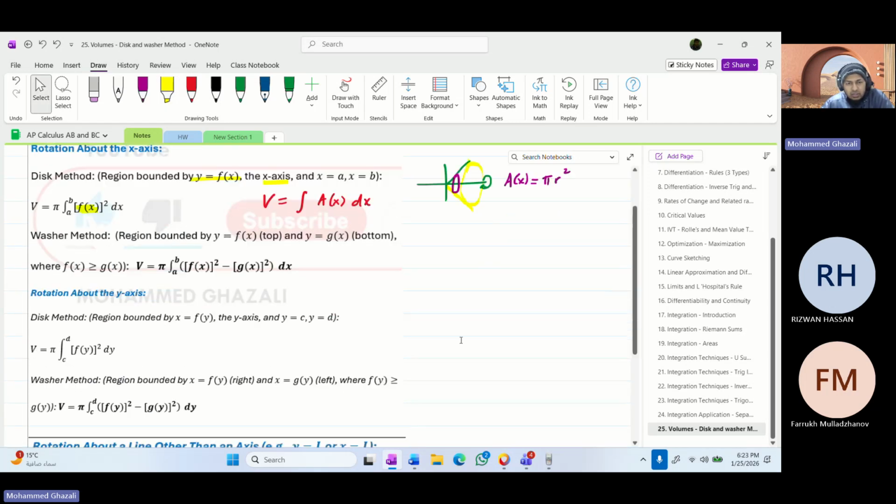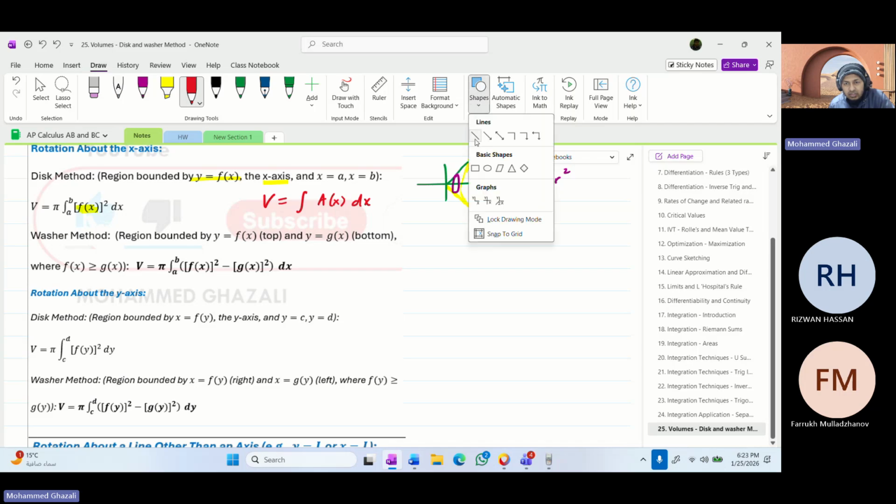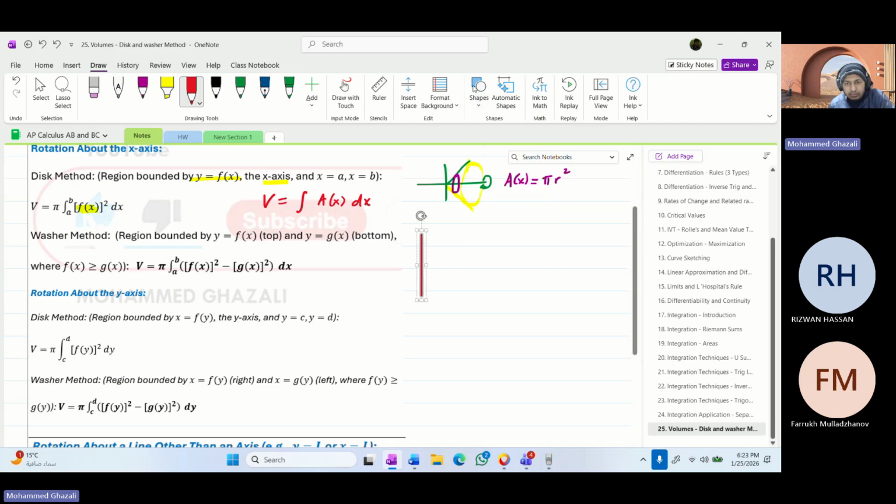Now, if you have two curves, a top curve and a bottom curve, I'll just draw some quick diagrams and then we will solve problems. What if we have area between curves? I'm taking the most basic case. Say we have a straight line and a parabola, and we are rotating about the x-axis as well.